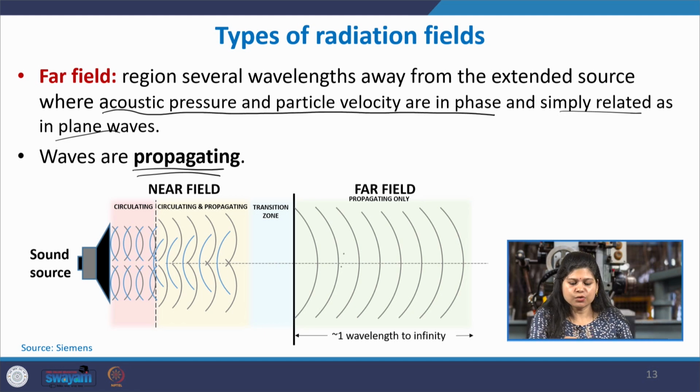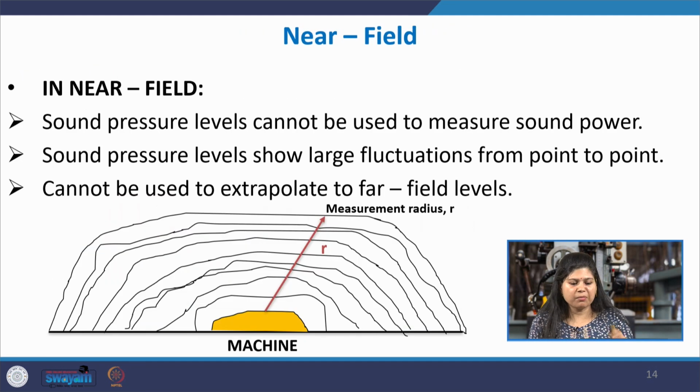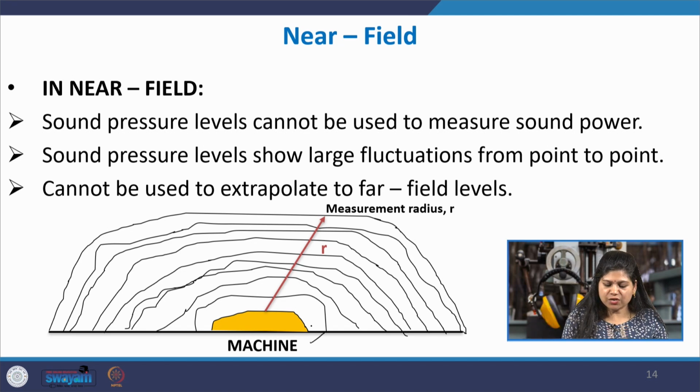So, whatever radiation field we studied or equations we derived were for this region, not for the near field. In fact, the near field is where you should not be making any measurements or doing any kind of acoustic manipulation, because they do not truly represent a sound source. Suppose you have a machinery source; in the near field the sound source could have a very complicated shape.